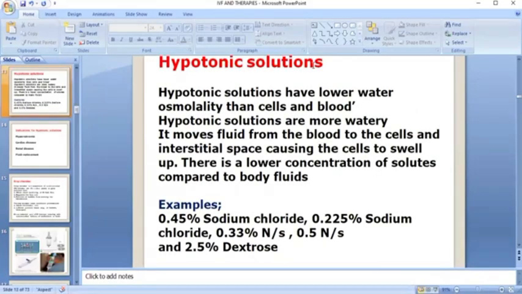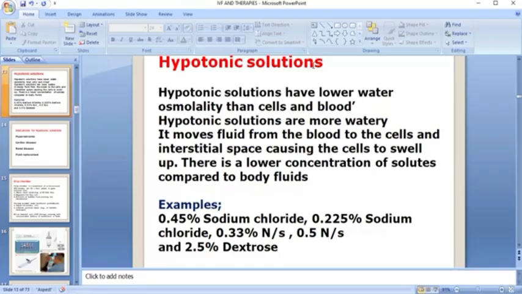Then the hypotonic solutions. Here, what happens? The fluid contains lesser solutes than the content of the cells or the blood. So the fluid you are infusing has lesser osmolarity, lesser concentration.